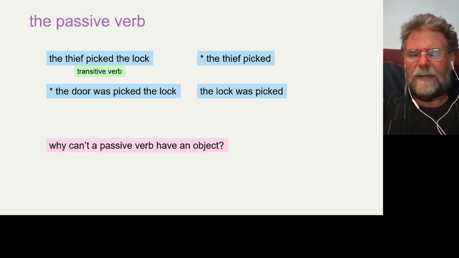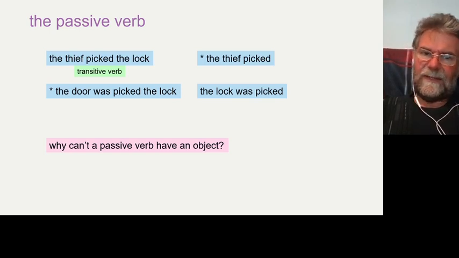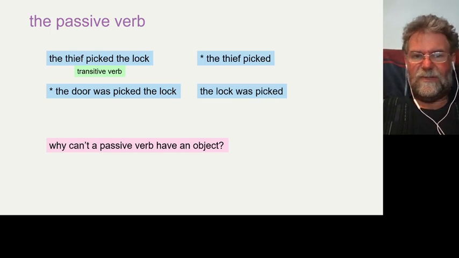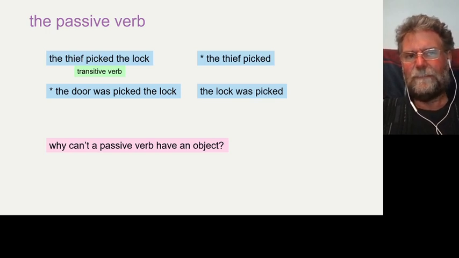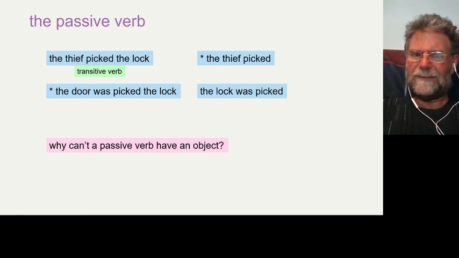Well, I think the answer to this question, and in fact the answer to the other question too, about what's the relationship between an active and a passive sentence, comes from the observation that it's not true that passive verbs don't have objects.